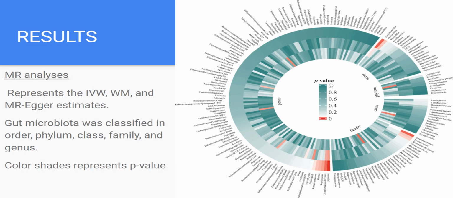Outside of the circle there are so many microbiota. There are 196 gut microbiota that are classified into order, phylum, class, family, genus, and also you can see the p-value over here, represented by different colors.